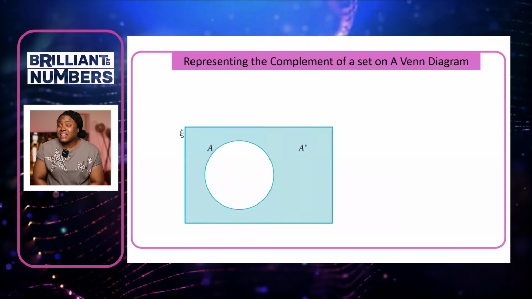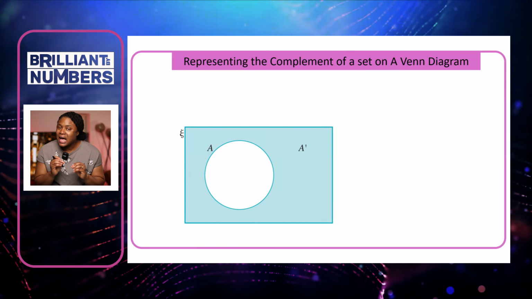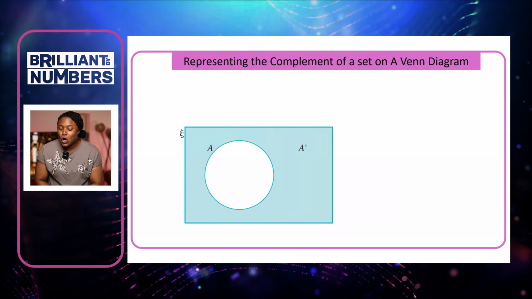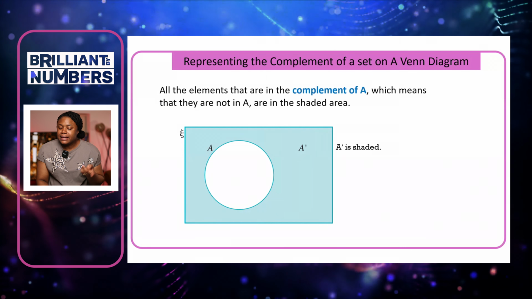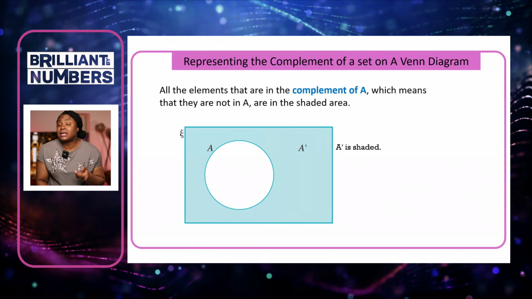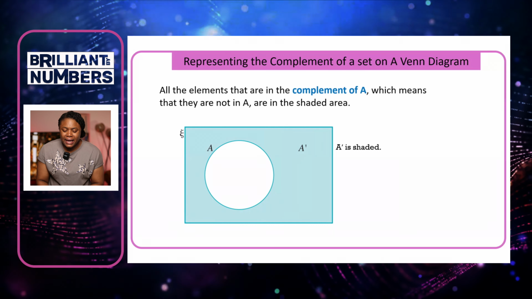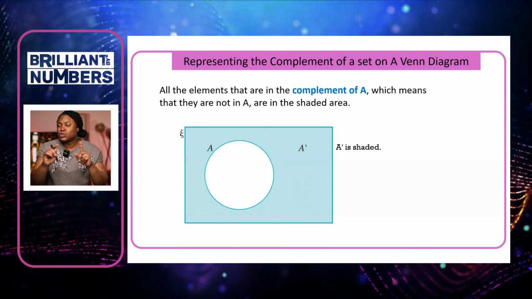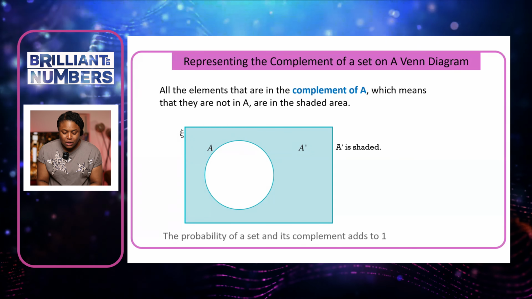So it means then that it's every part of that Venn diagram outside of A that is the complement of A. So all the elements that are in the complement of A, that's what we're shading, which means they are not in the circle. So A dash is everything outside of A, and that's shaded in blue.